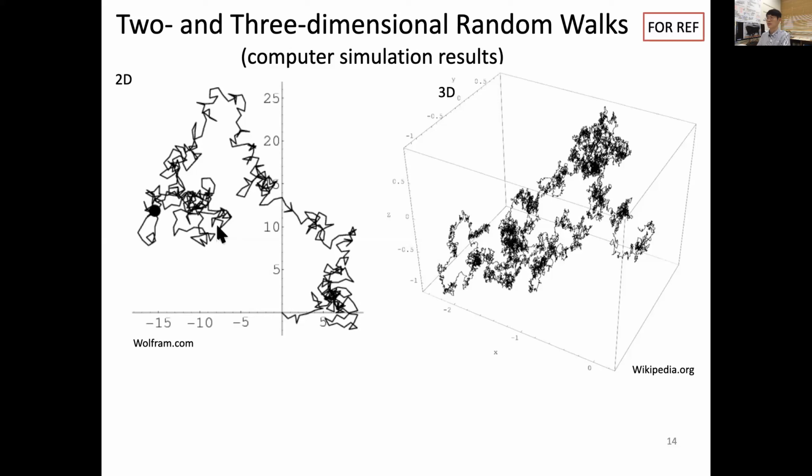You can see on the left side the 2-dimensional case, in X and Y. This is an example starting from the origin, and over time, how this particle moves around its trajectory. The right side is 3D, with X, Y, Z axes, and you can see a very interesting pattern. This is not an experiment, but computer simulation results based on the assumptions we just discussed.